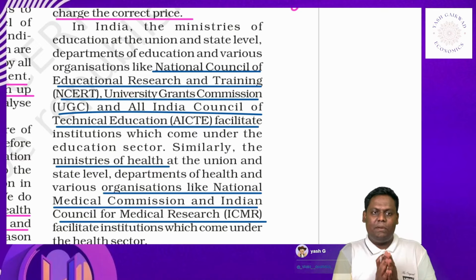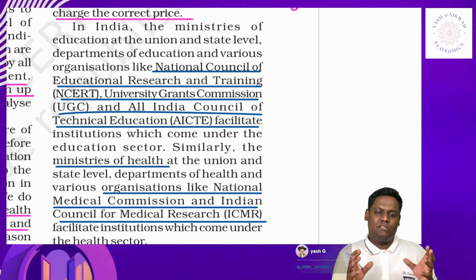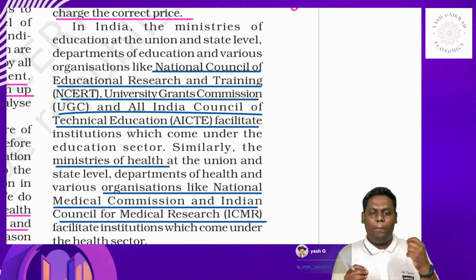NCERT is primarily concerned with elementary or higher secondary education till class 12. Beyond class 12, there is the University Grants Commission, which decides ranking for various universities and institutions, ranking them as A, B, A++.